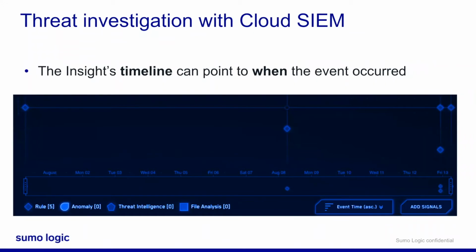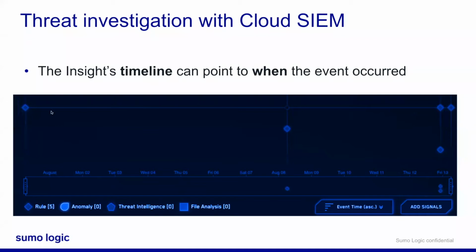Now, we will also have access to see this timeline, which is going to be very helpful. The timeline is going to tell us the when, that WH question, when the event occurred. We can see whether each signal was triggered at the same time or sequentially, as well as whether everything happened over minutes, hours, or even days. By default, insights are related signals that cluster together within the last 14 days. In this example, we see some signals occurred several days before the others, but three clustered closely together more recently.